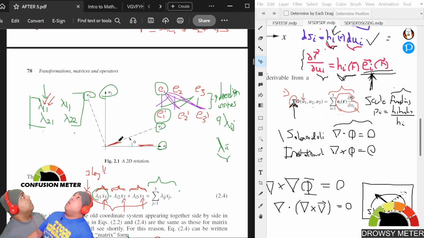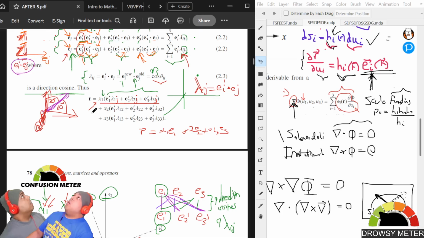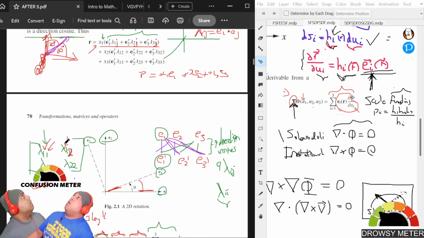This is the new one. So it's cos theta. Wait, no, this is supposed to be 1,2, right? Lambda 1,2. Yeah. This is the angle between the new one, which is here, and the old 2, which is here.